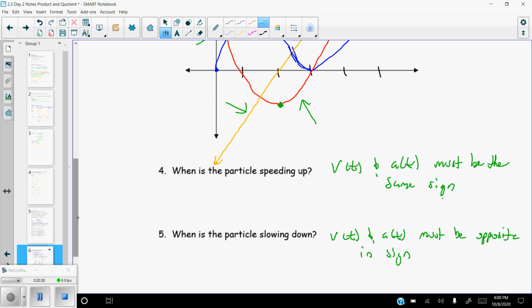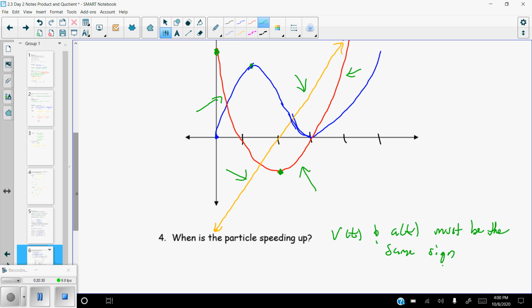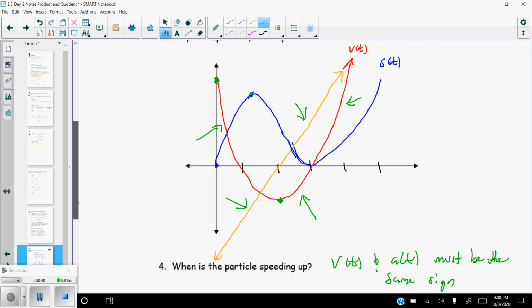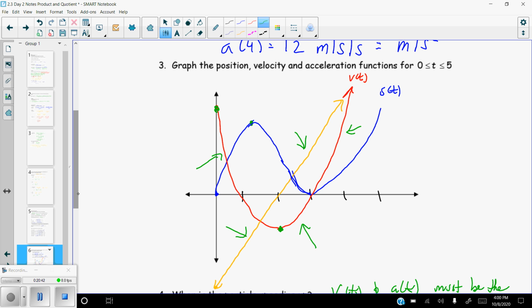So let's look at our graph. According to our graph here, when is the particle speeding up? Well, we want to know where on the graph the velocity and the acceleration are doing the same thing, are in the same positive or negative. Well, the velocity is the red, and the acceleration, which I forgot to label, was the orange. So where are the red and the orange the same?